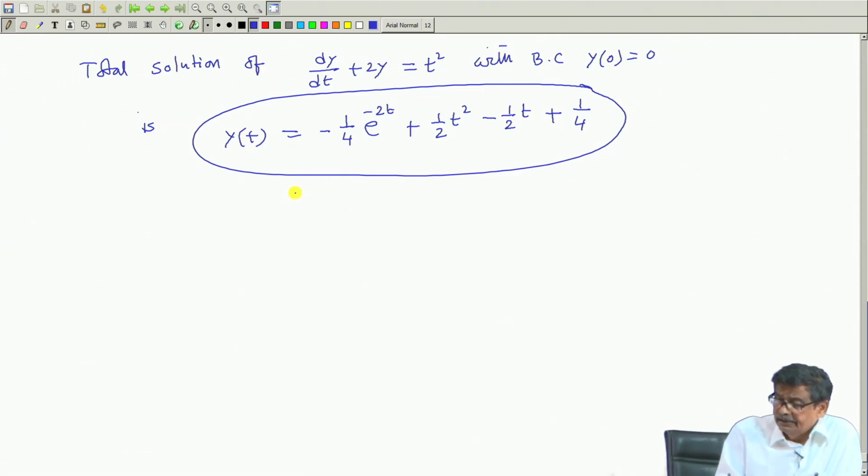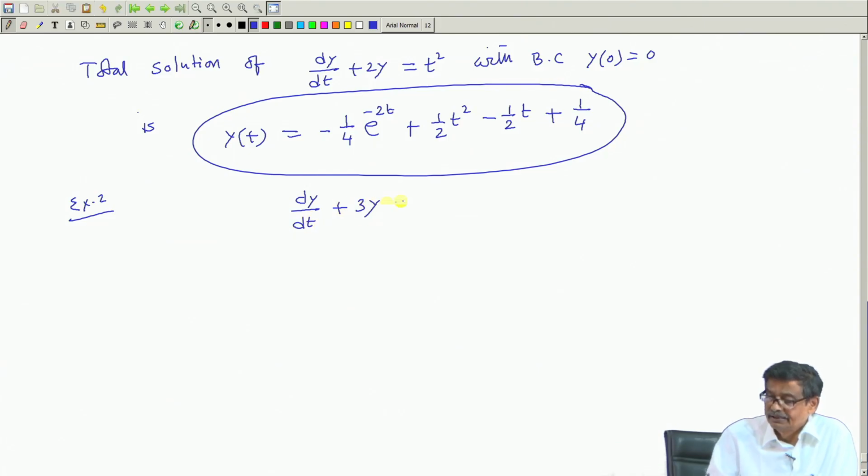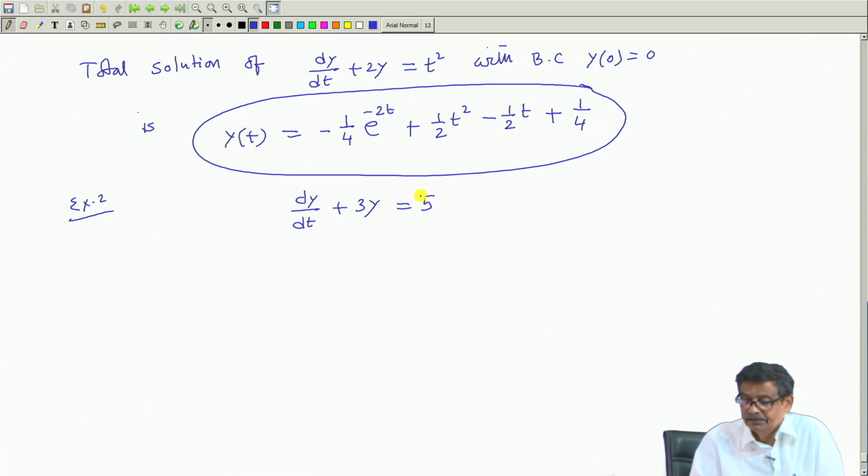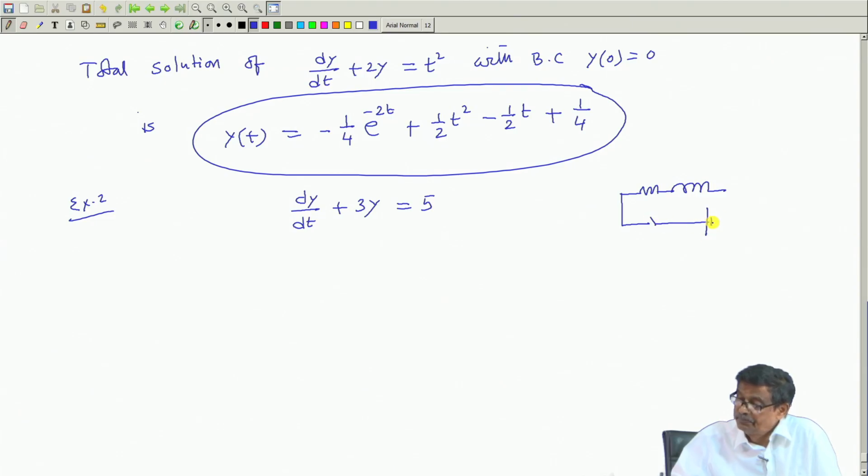For example, let us say another example, example 2: dy/dt plus 3y is equal to 5, a constant DC voltage. Suppose this circuit, an RL circuit, you have connected a 5 volt supply to it.